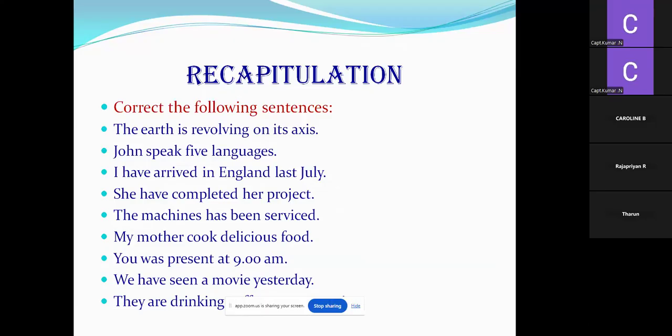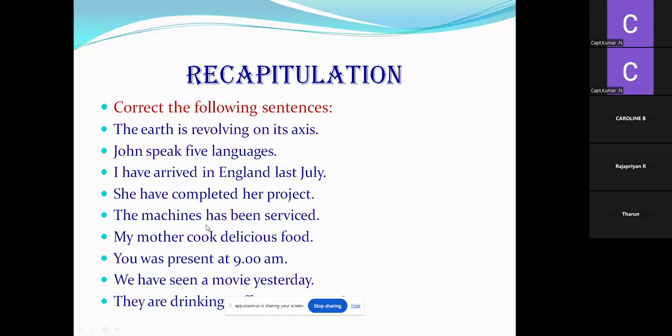But what about the verb used here when the subject is she? She is third person singular. So for third person singular, what verb should be used? Has. In perfect tense, we have to use has completed. But in this sentence, it is given have completed. So that's the error. So the right answer is she has completed her project.